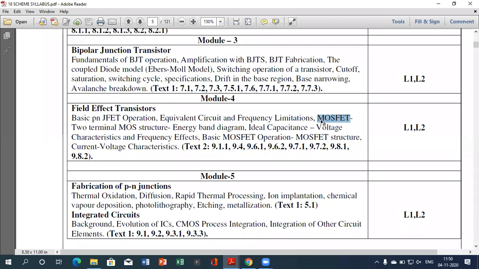Again, in MOSFET we have two types: depletion type and enhancement type MOSFET. That we will discuss in later classes. So first, we will concentrate on the basics of PN JFET operation. Now we will begin with that.